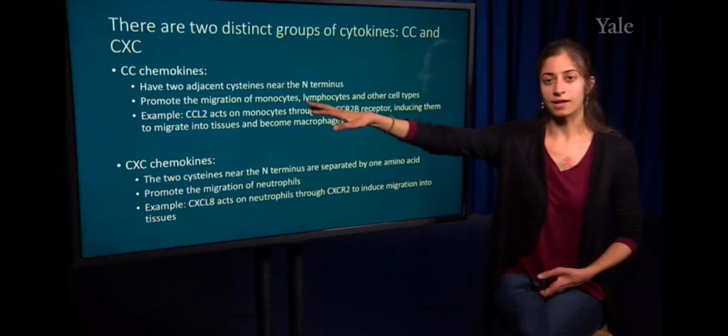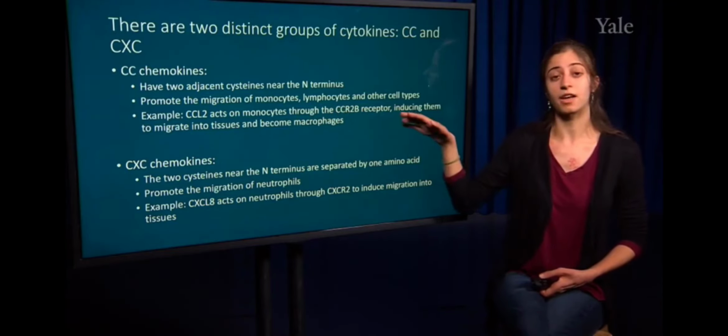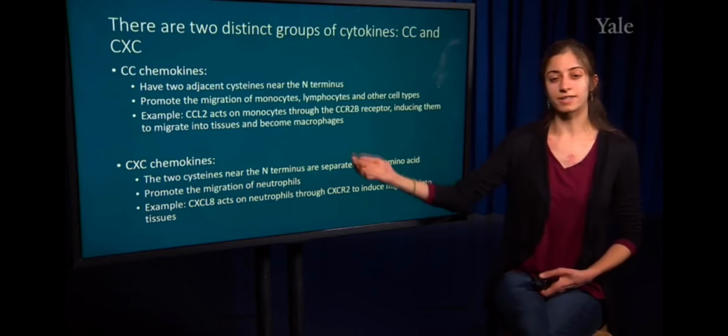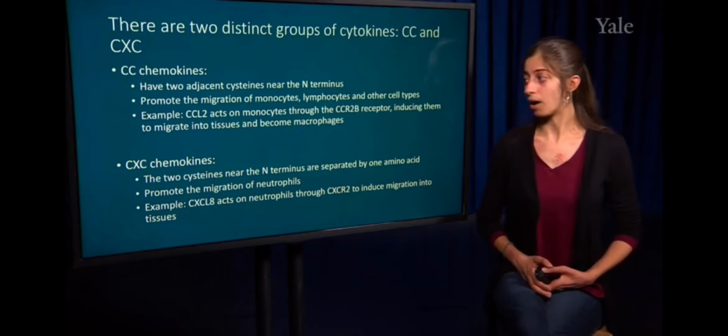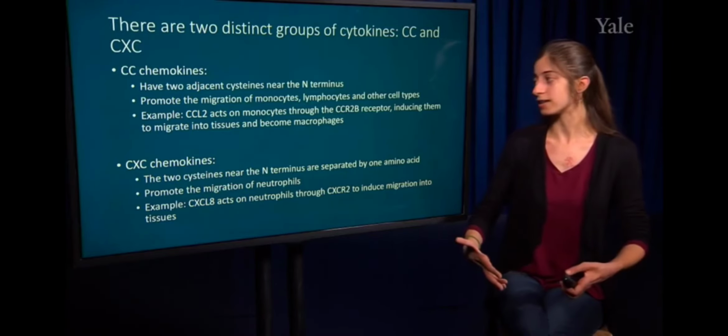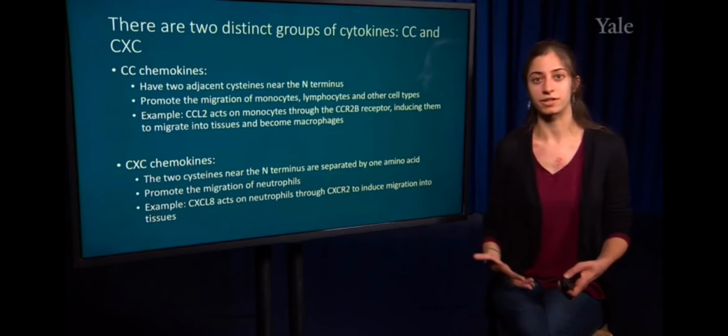CC chemokines typically promote the migration of monocytes, lymphocytes, and other cell types. A good example of this would be CCL2. CCL2 acts on monocytes through the CCR2b receptor on the surface of the monocytes and induces them to migrate towards the tissue and become macrophages when there's an infection.